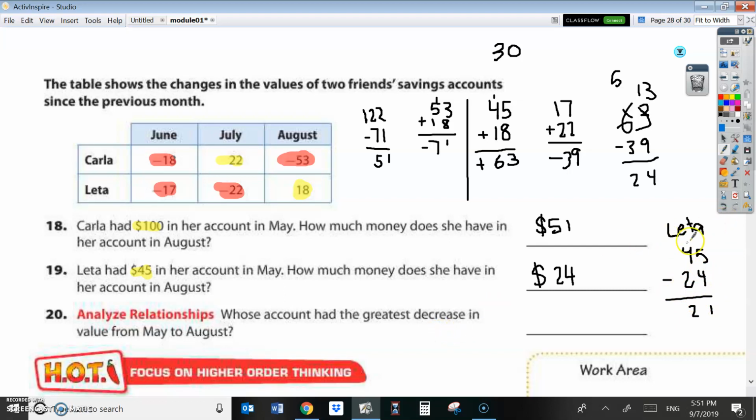Carla, need some more space here. Let's work Carla's right here. Carla had 100, and now she has 51. So Carla went down more. So Carla lost more while she spent more money.